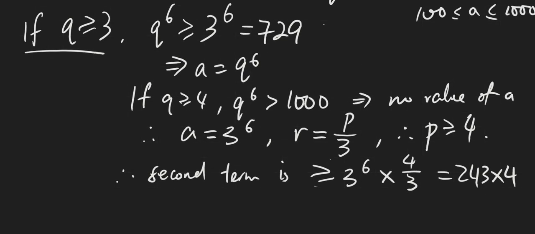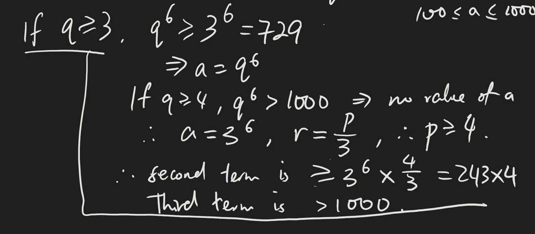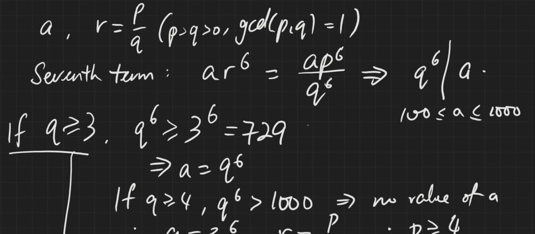Okay, this is still under 1,000. But the third term is obviously more than 1,000. So in all cases, q greater than 3 does not work, as in it doesn't break the record of 6 terms.